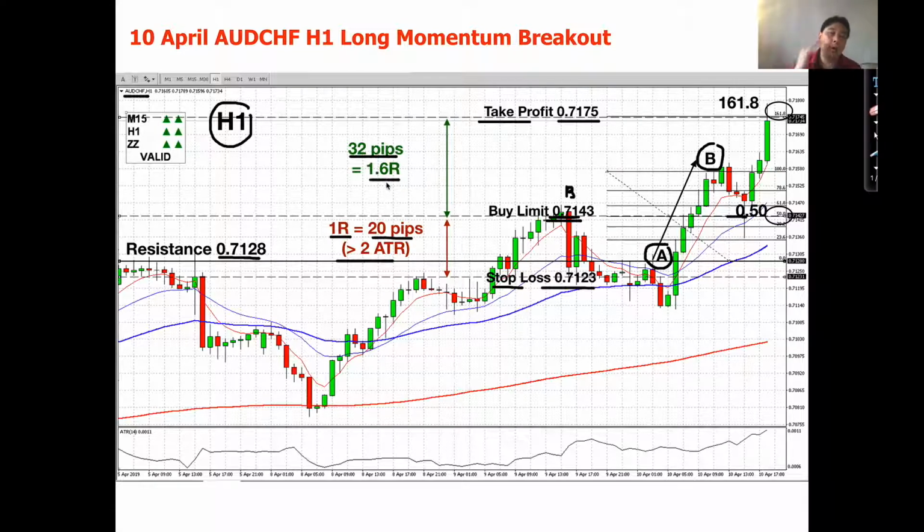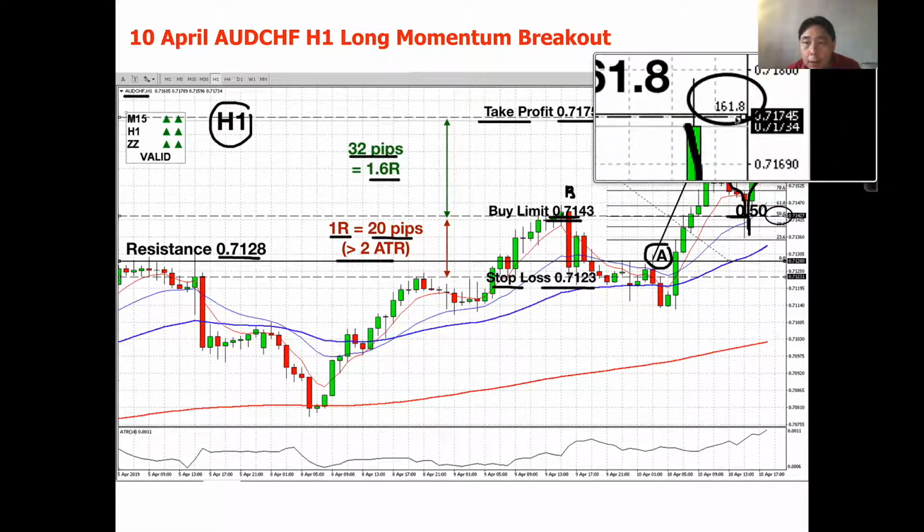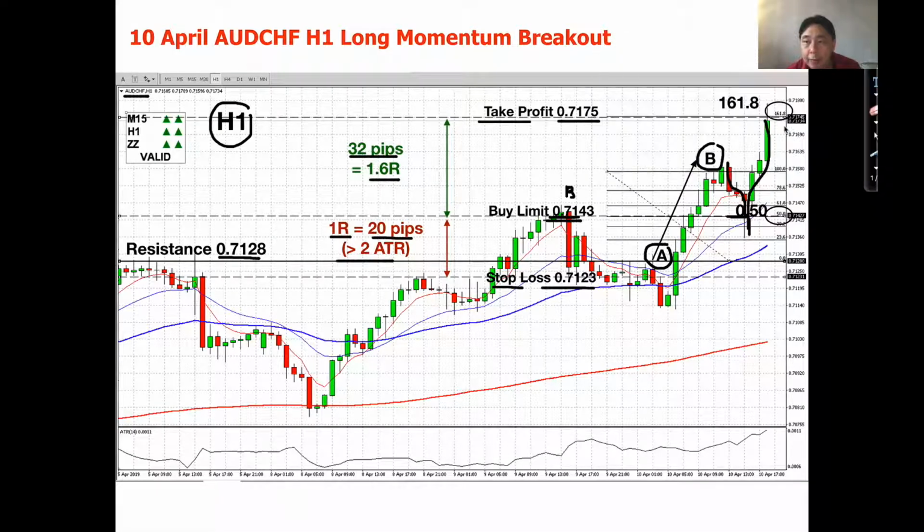Okay, so I placed my order, waiting for it to be triggered, and the price went down, boom, triggered my buy order. Of course, it went a bit lower. You can never tell how low it's going to go. And then it went up and proceeded to hit the 7175 profit target. So this again was a very textbook classic trade.